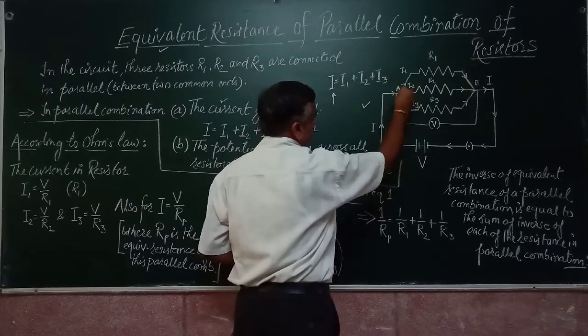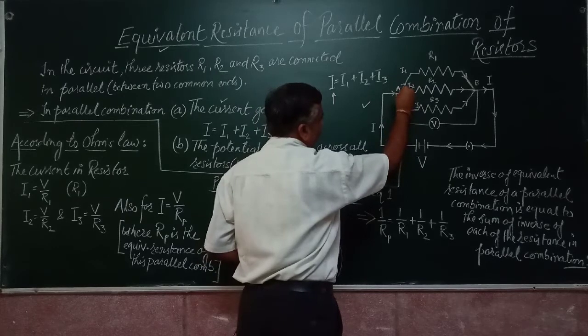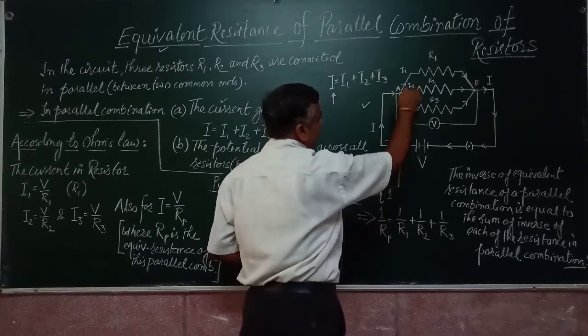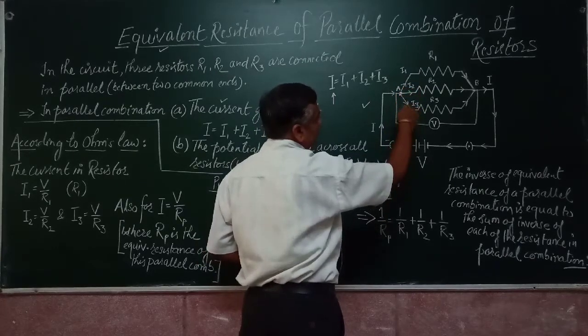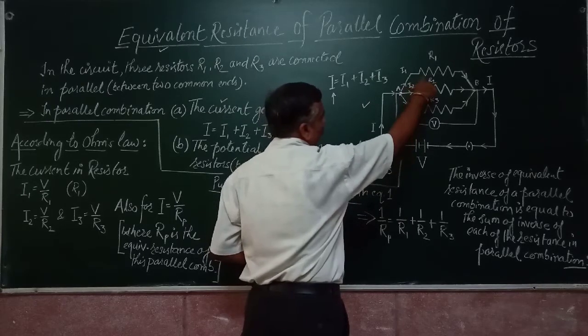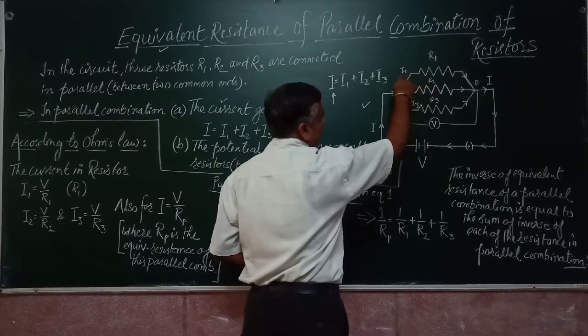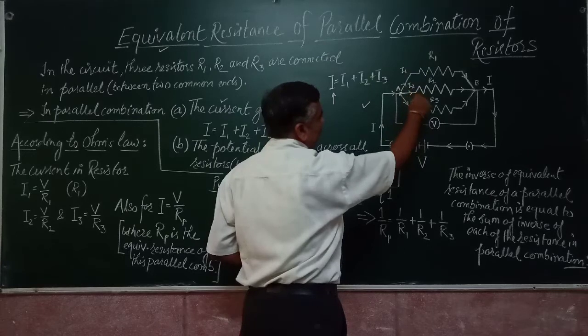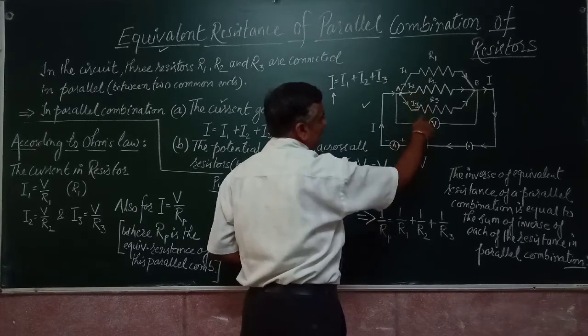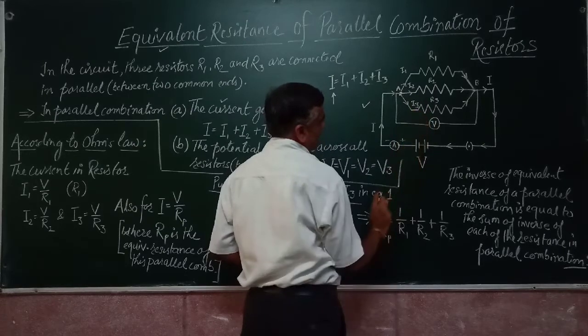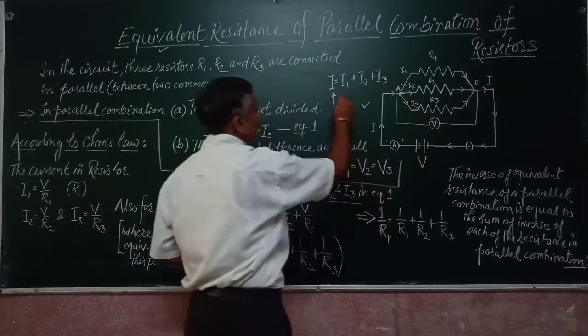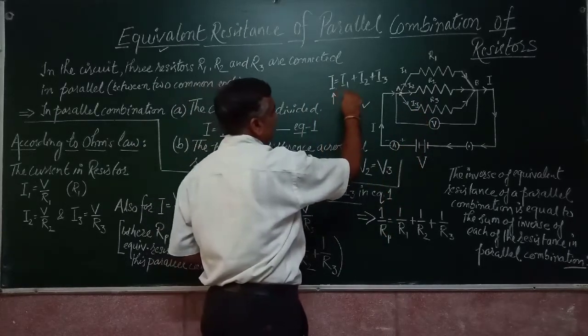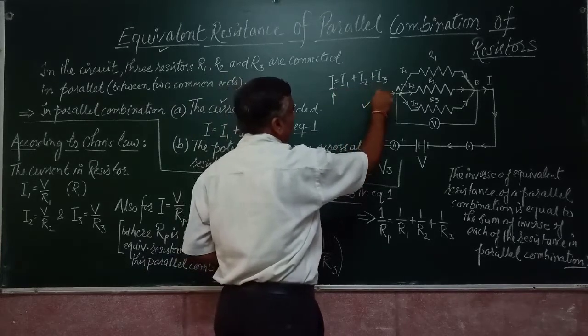When it comes to this junction point, it gets divided into three. The current passing through R1 we have named I1, the current through the second resistor R2 is I2, and the current through R3 is I3. So the total current I gets divided into I1, I2 and I3.